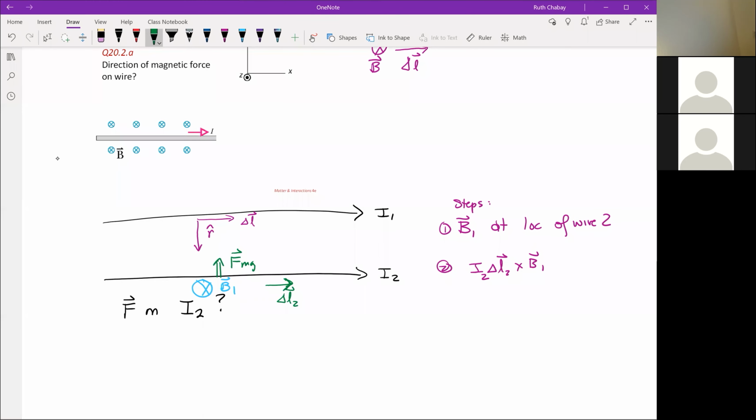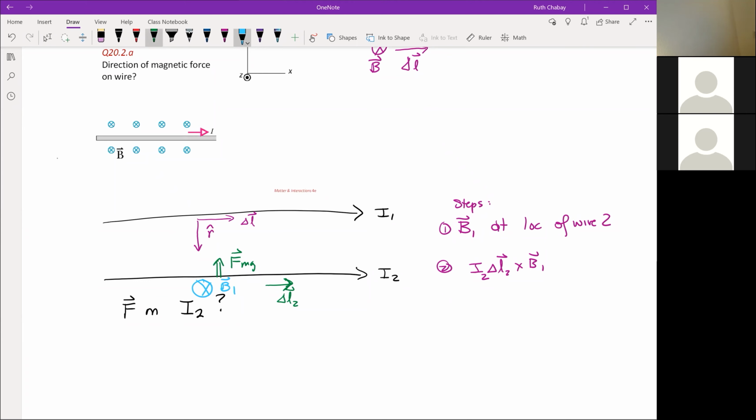So it looks like wire 2 is actually attracted to the current in wire 1. What's the situation going to be at wire 1? Well, what's the magnetic field made by wire 1 at the location of wire 2?